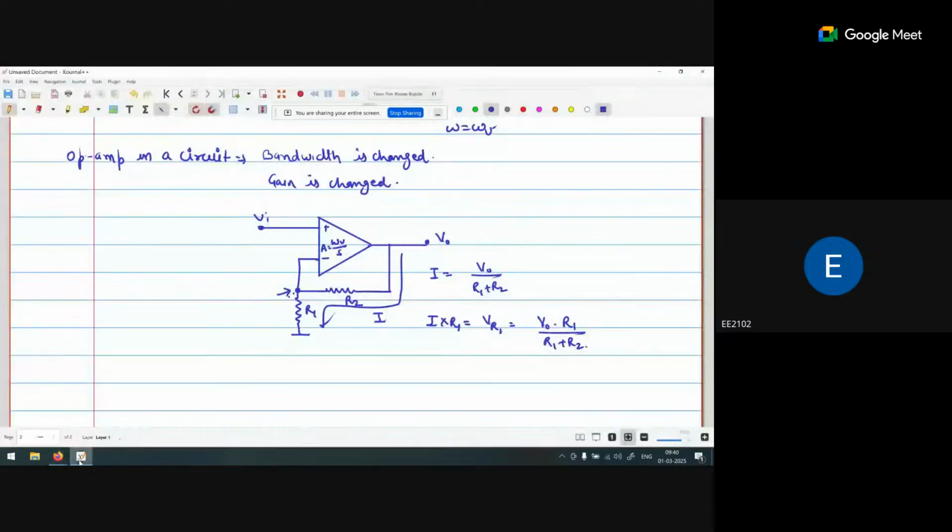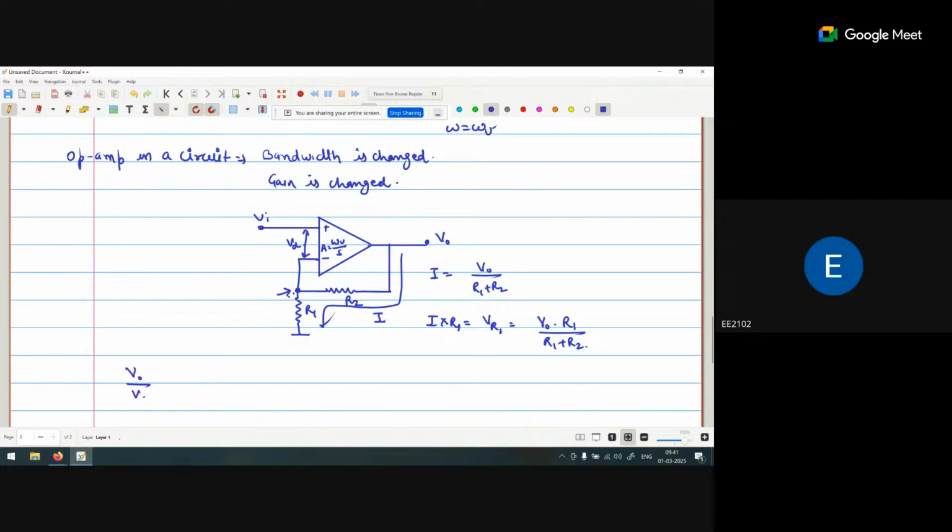So if this is the voltage, now the difference between these two is Vd.